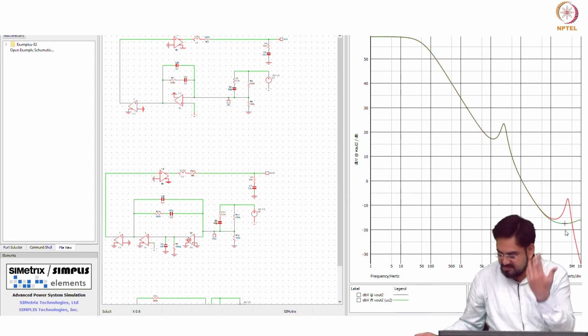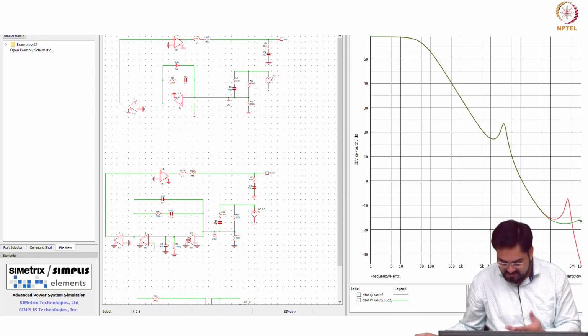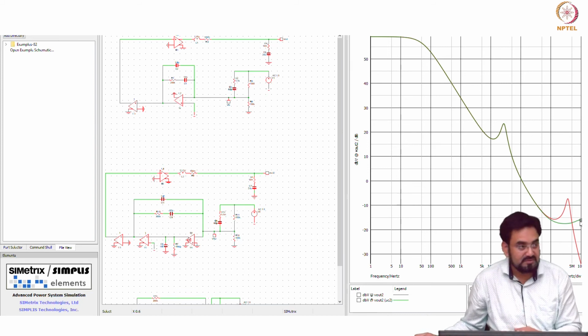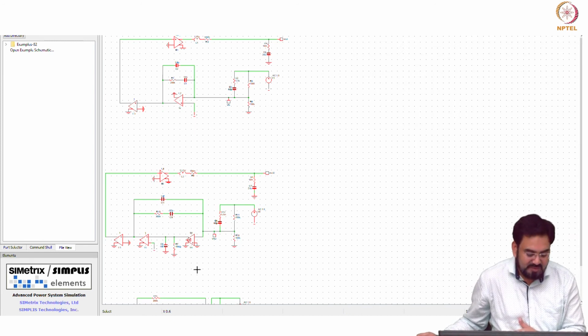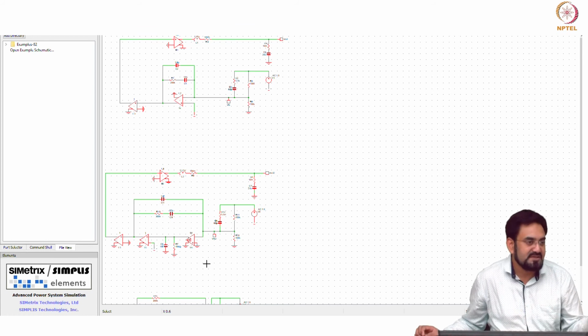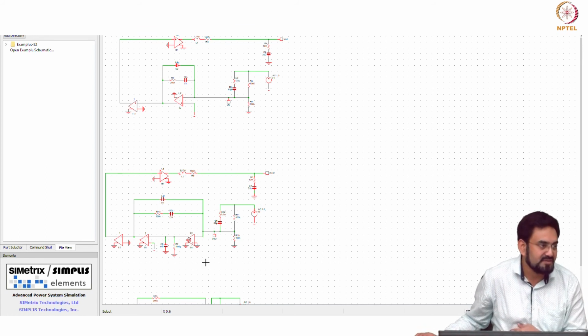So you can see it has shifted much away, it's coming around beyond 10 megahertz also, okay, and since gain is also dropped, you will see that resonance peak will also reduce. So that's why if you don't have those two high frequency poles, you may require a very high bandwidth here, which means that will come at the cost of current consumption.